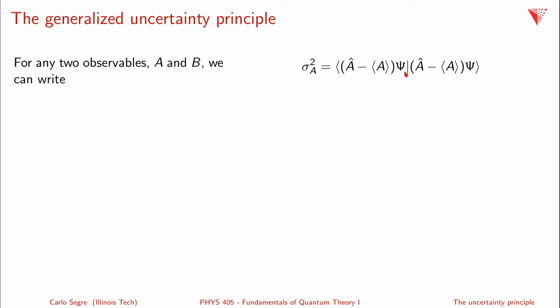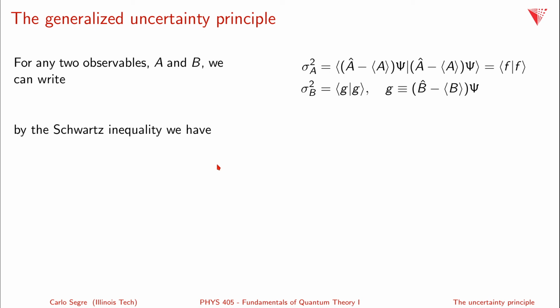If we now call this entire quantity F, we can just write this as F inner product with F. Similarly, we can write sigma sub B squared is equal to the inner product of G with itself, where G is just B operator minus B expectation value applied to psi.